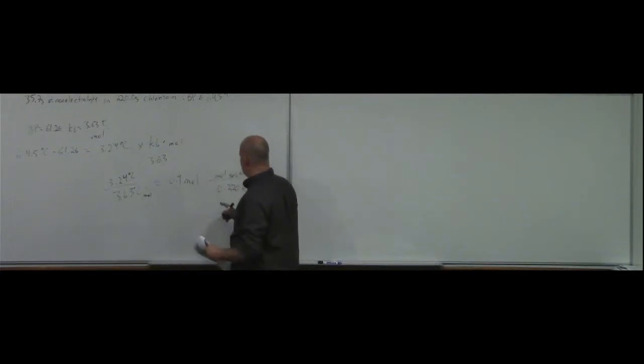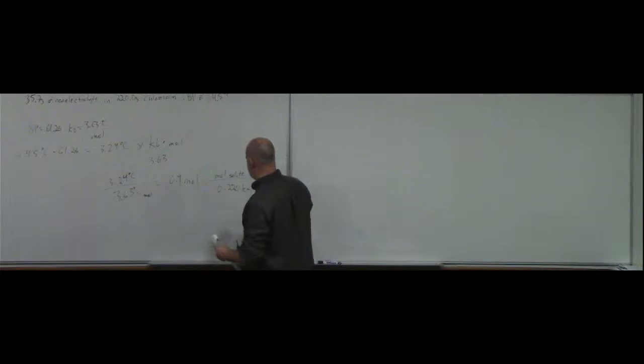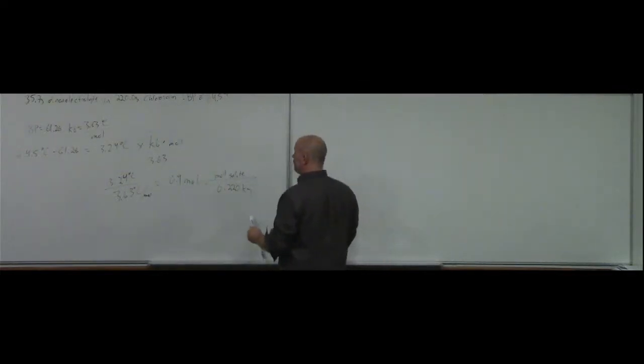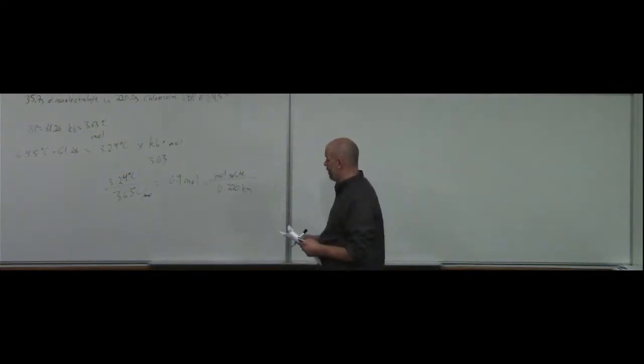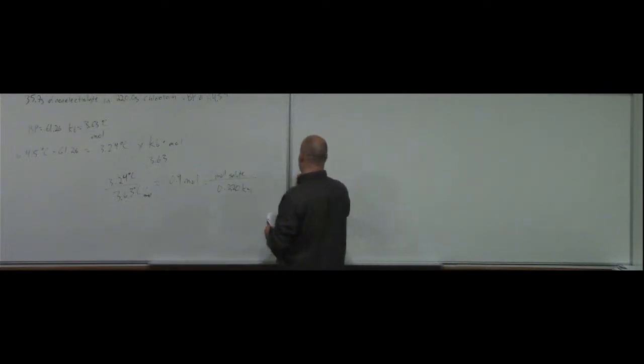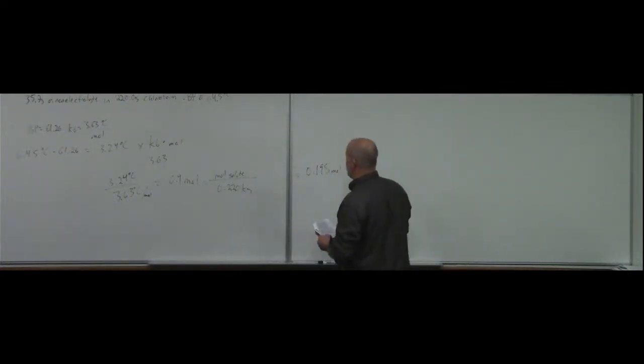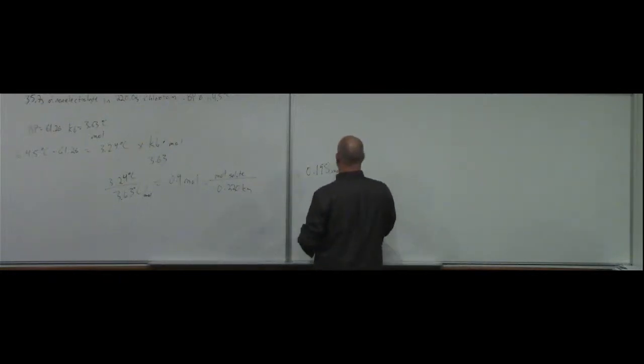So if I multiply 0.9 times 0.220, I'll get moles of solute. Yeah, 0.198. It's giving you 0.198 moles of solute.